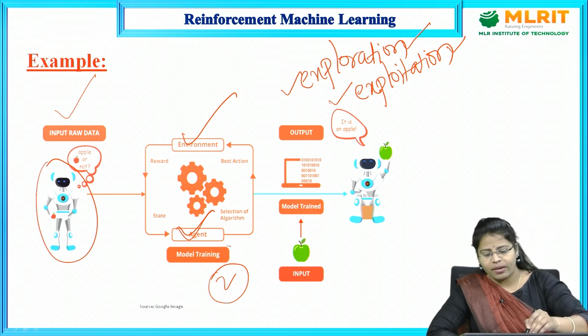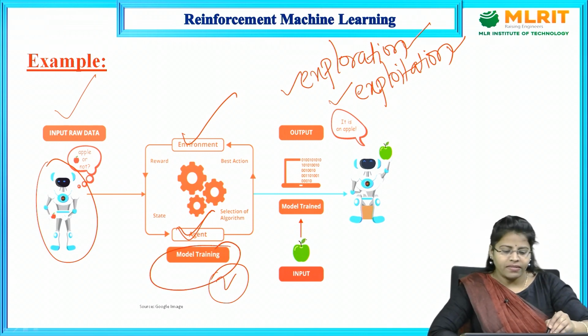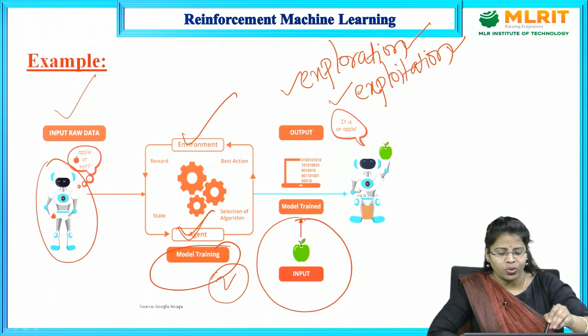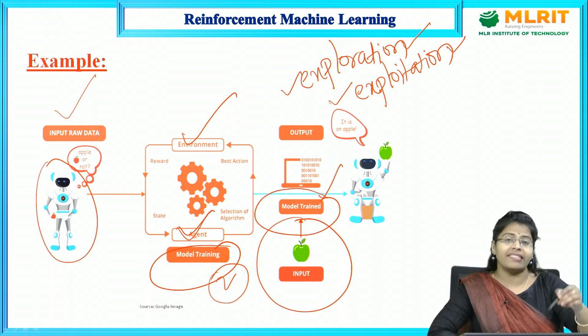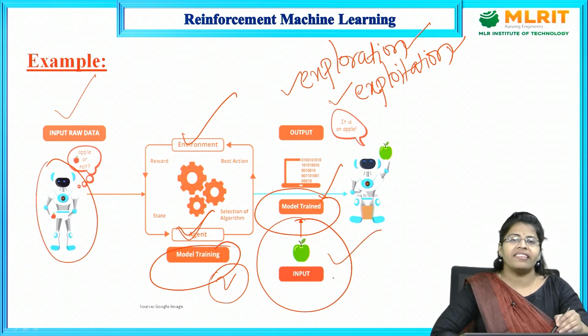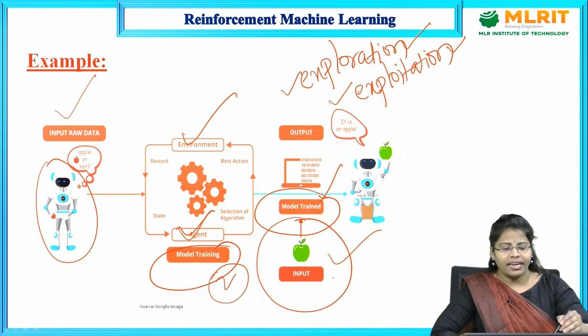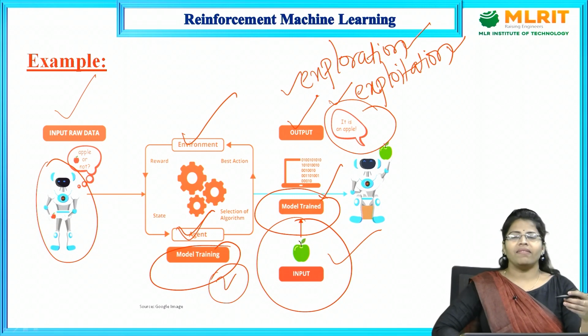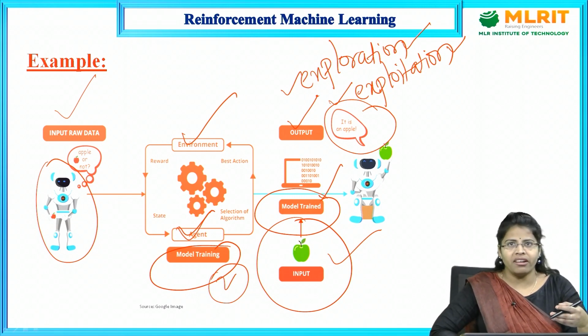Once the model is trained, whenever a new input is given to the model, it is going to predict the output that it is an apple with the help of reinforcement machine learning.